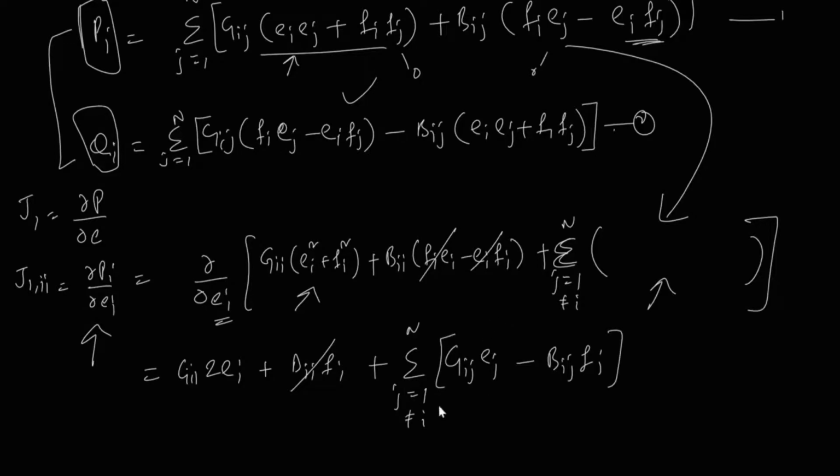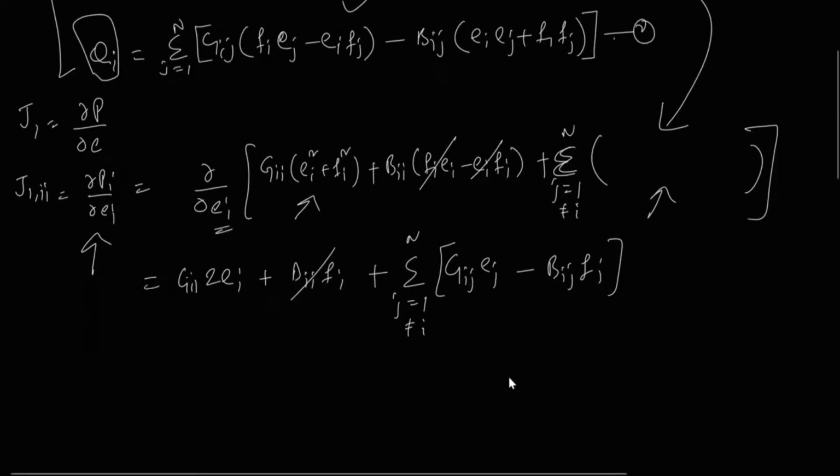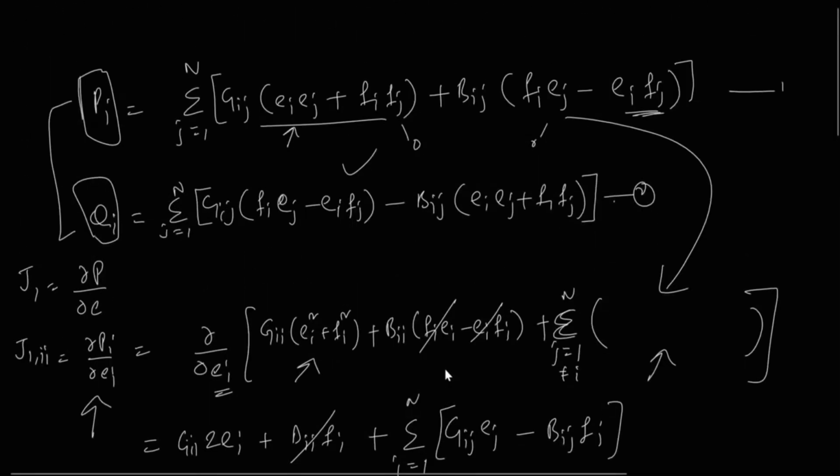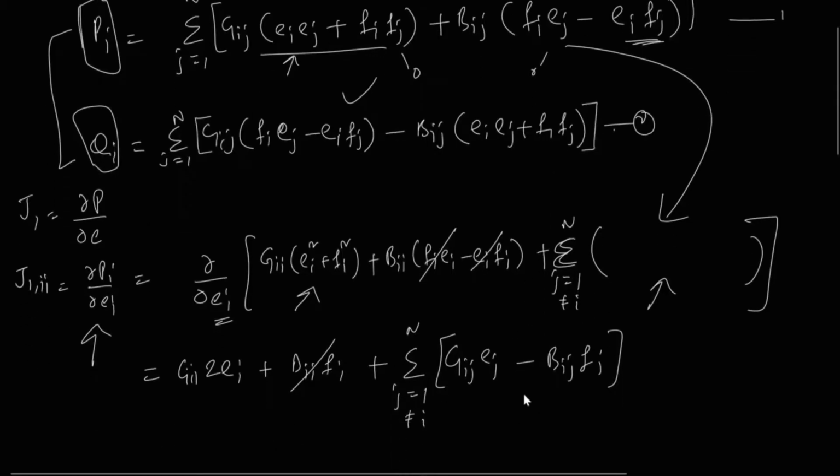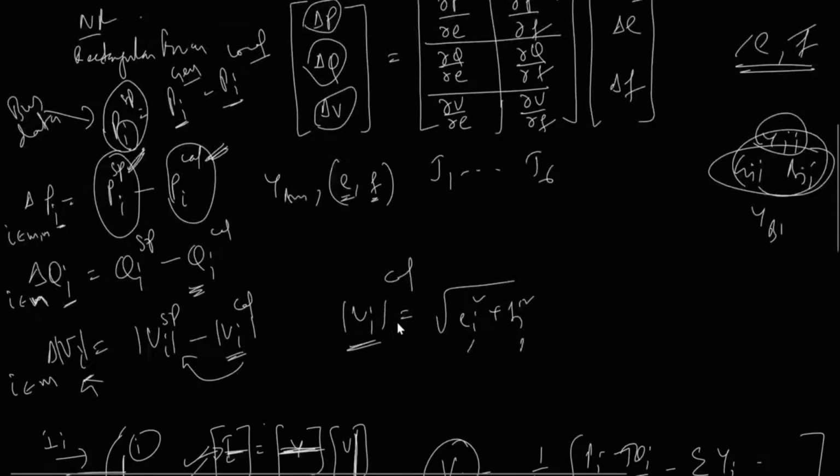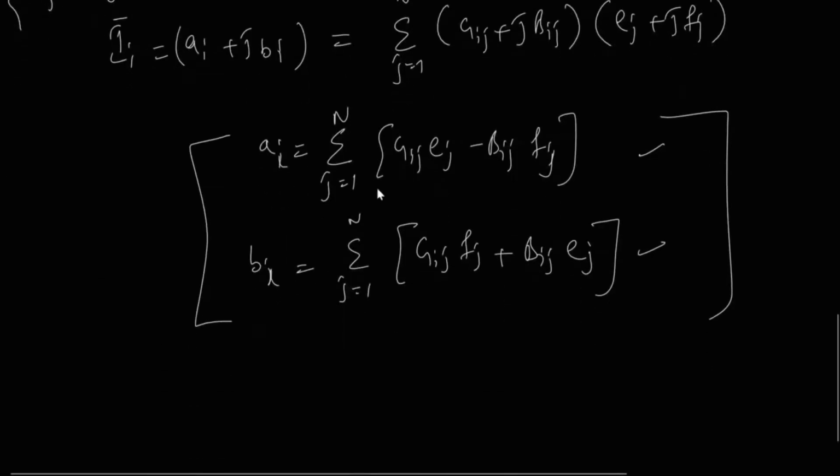Now I have given the derivation of those two, where are they? So what is this equation? Gij Ej minus Bij Fj. This is in the form of Ai, but I also have one more term, the Ii term. So let me copy these two.